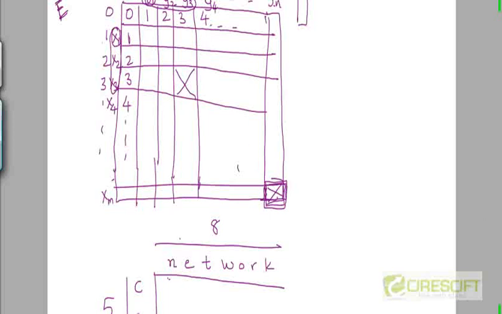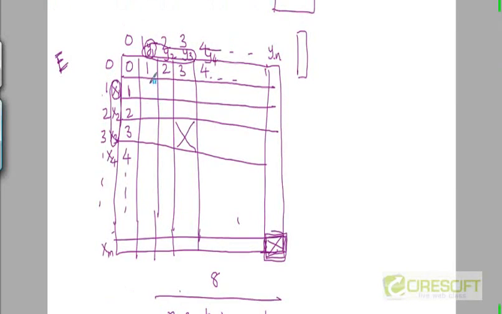So think about this particular cell. What is the edit distance between x1 and y1? Just a single character x1 and a single character y1. What do you think is the answer? It's a single character here, and a single character here.